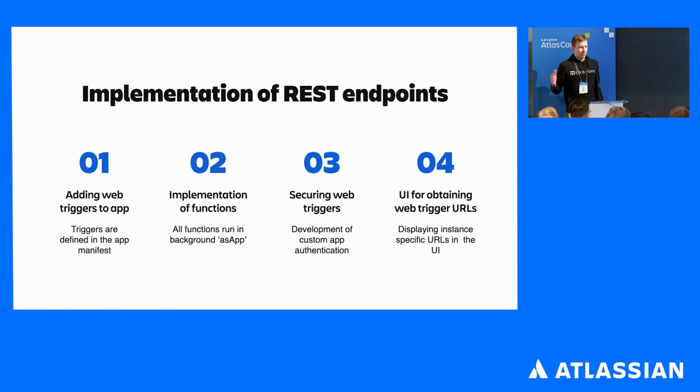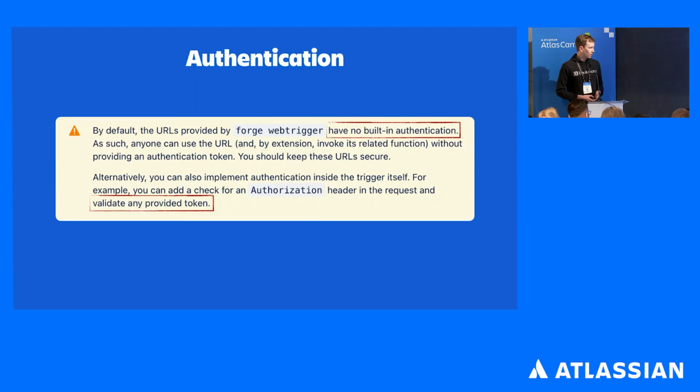I will talk about that in more details in a minute, because there's no built-in authentication, so we had to find our own solution for that. And finally, as all these URLs for the web triggers are unique for the instance the app is installed and also for the environment, we need to provide a UI for system administrators to retrieve those URLs and to use the APIs.